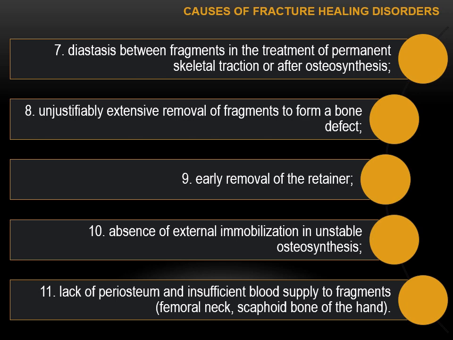Absence of periosteum and insufficient blood supply. This is already a feature of our organism. There are a number of fractures, more precisely, zones in our body that initially do not suggest the possibility of the development of periosteal calluses. Let's say this is the femoral neck, this is the scaphoid bone of the hand.